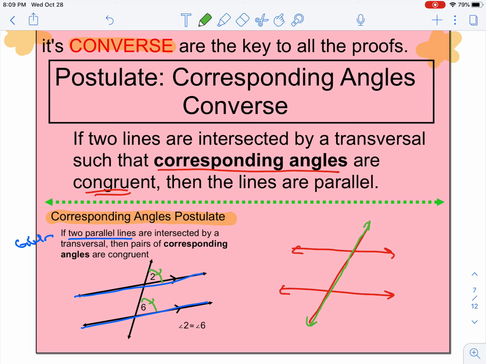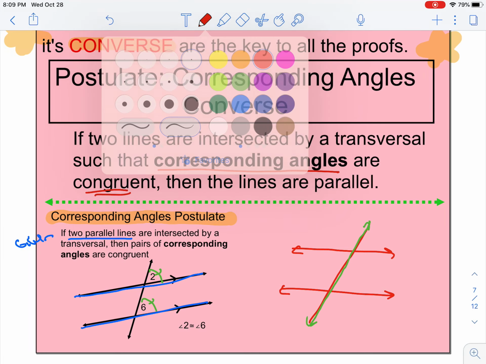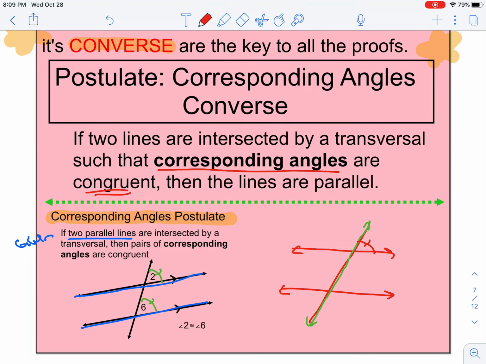But what you are given in the converse is that these corresponding angles right here, so these angles, are congruent. So this is our given right here. And when you're given that, then what it leads to is that our lines are parallel.